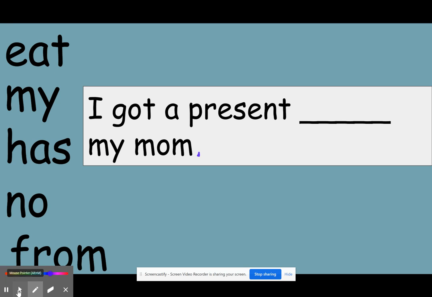And see if you can figure out which one of those would make sense. Remember, the words are eat, my, has, no, and from. I got a present blank my mom. So if you need to pause to think about it, go ahead. And when you're ready, go ahead and click play, and we'll see if you have the same word that I write.